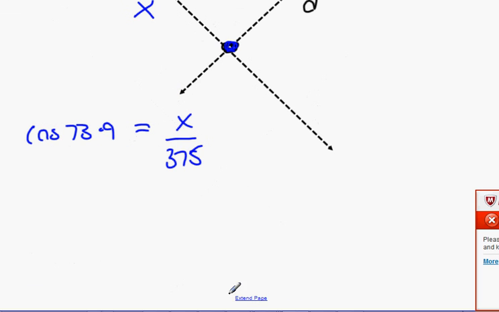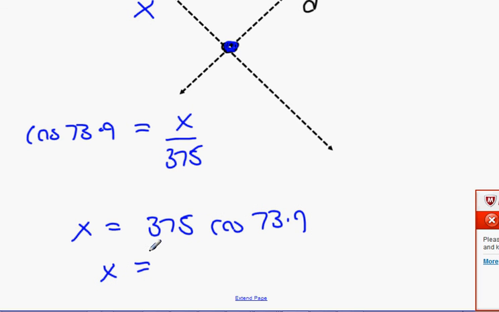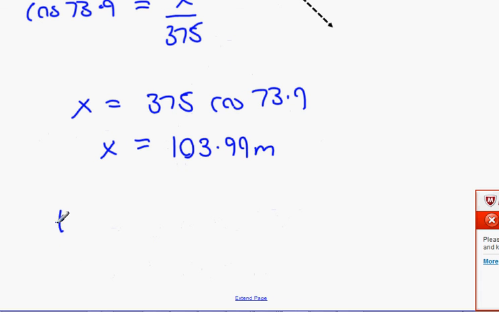And what is 375 cos 73.9? Have you got it? Is it 103.99? Yeah, 103.99. Now we need the time taken for this.